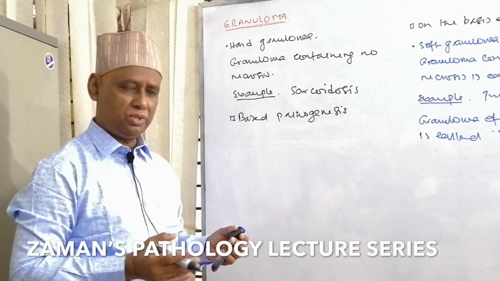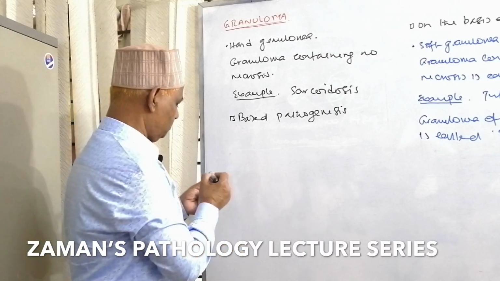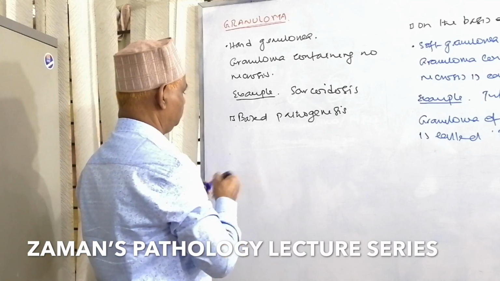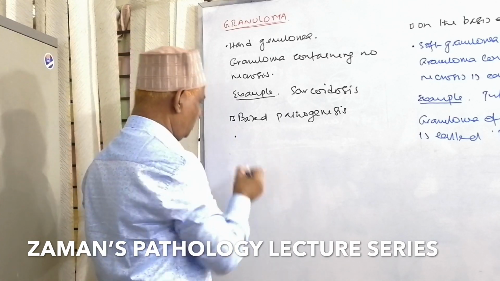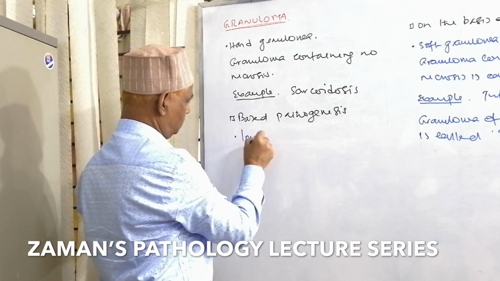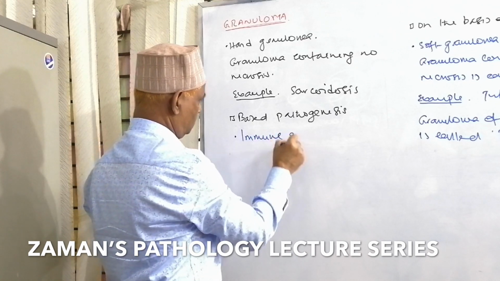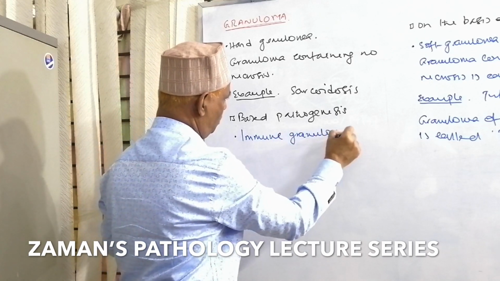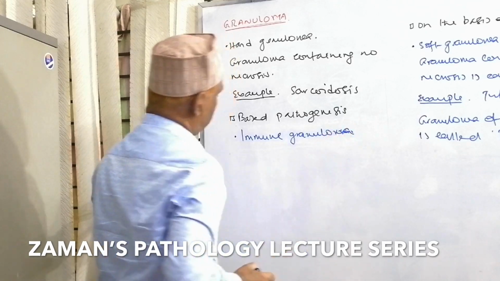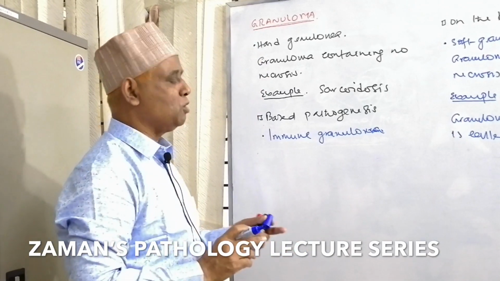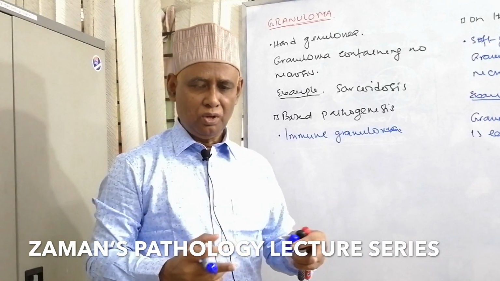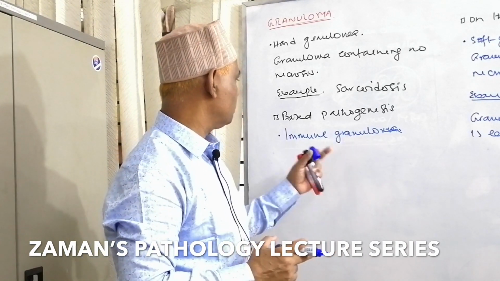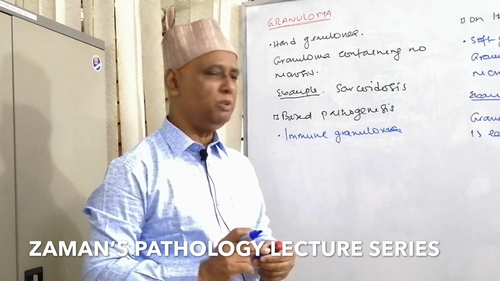Based on pathogenesis, the granuloma may be immune granuloma, the granuloma in which the immune system is involved in its formation. When immune system is involved for the formation of granuloma, that granuloma is called immune granuloma.